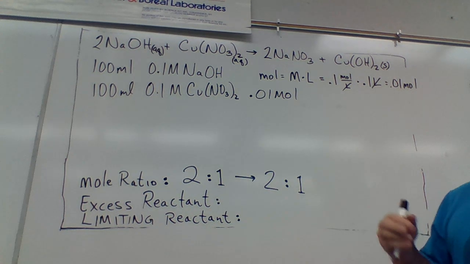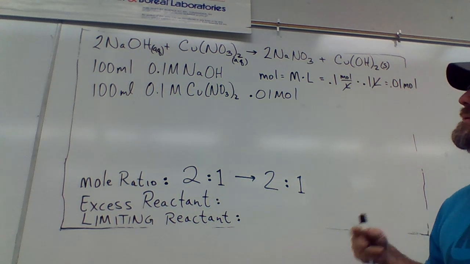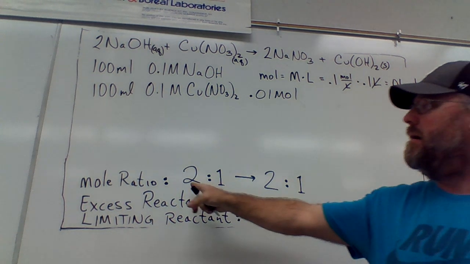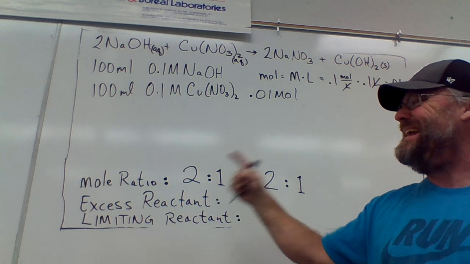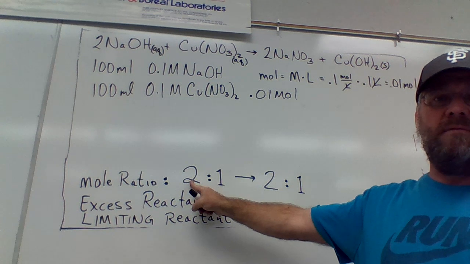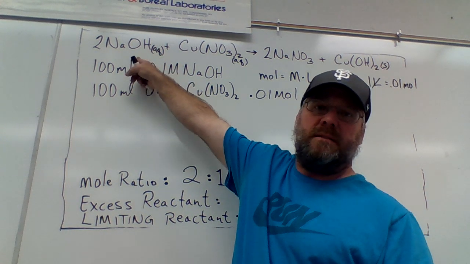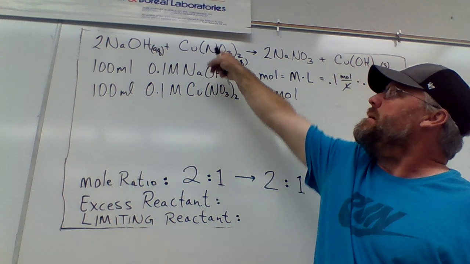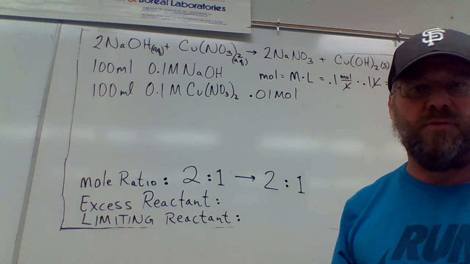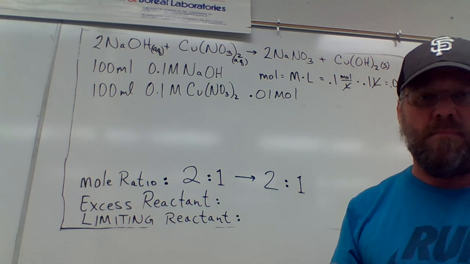And so here, what we want to do is inspect our reaction. Our mole ratio tells me that, hey, I need 2 of the sodium hydroxides for every 1 of the copper nitrates that I'm using to combine.